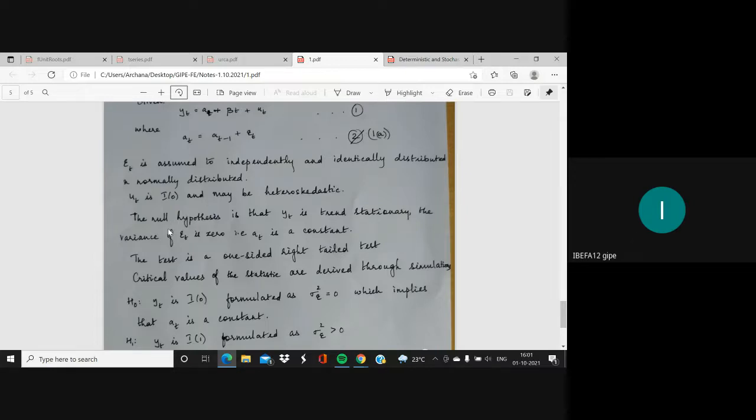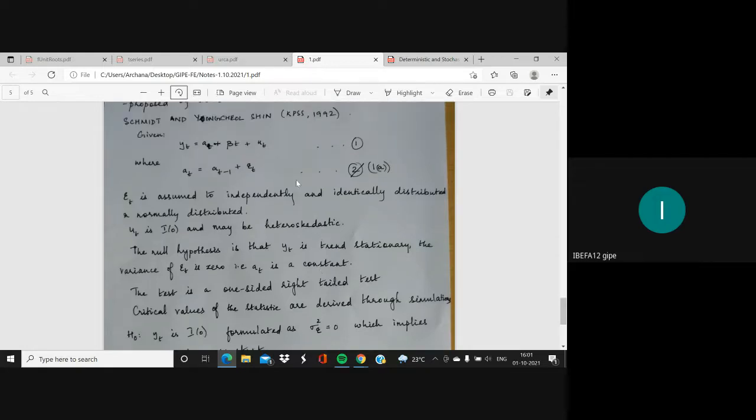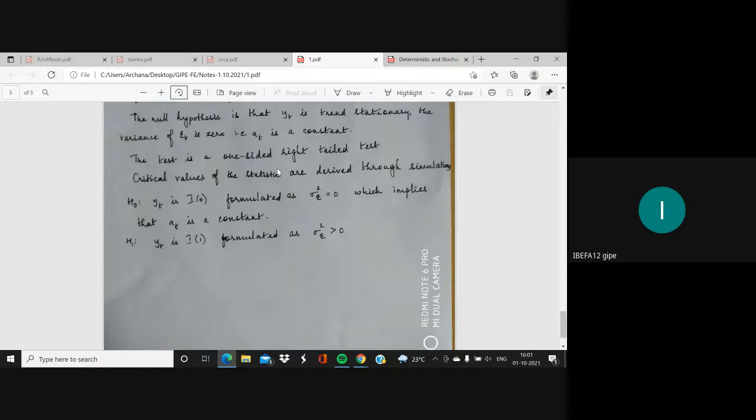Now the null hypothesis is that y_t is trend stationary and the variance of e_t is 0, that is, a_t is a constant. So if the variance of e_t is 0, it means the expectation of a_t is equal to a_(t-1), some constant. This test is a one-sided, right-tailed test because the null and alternative hypotheses are devised this way.